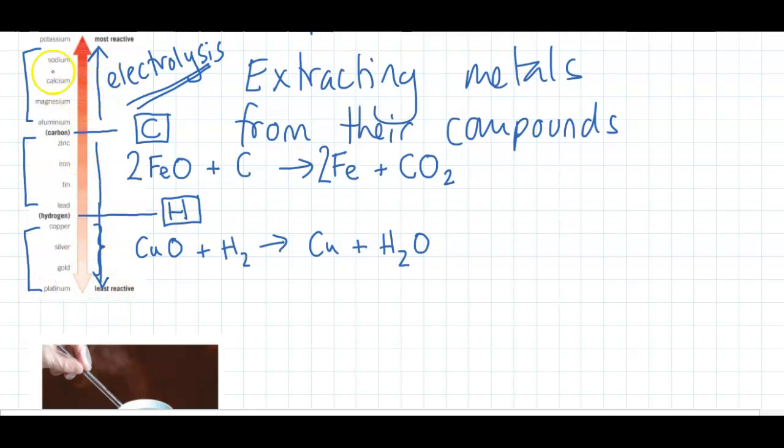Most reactive, notice there, group 1, 2, and 3. Then we've got metals that are mostly transition metals, and zinc, iron, tin, lead below carbon, copper, silver, gold, platinum, easy to remember, below hydrogen.